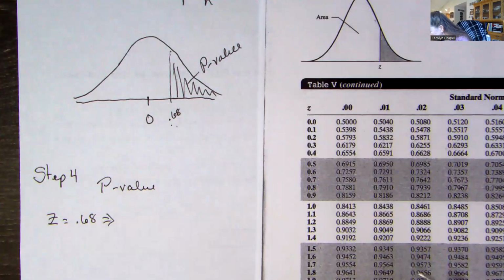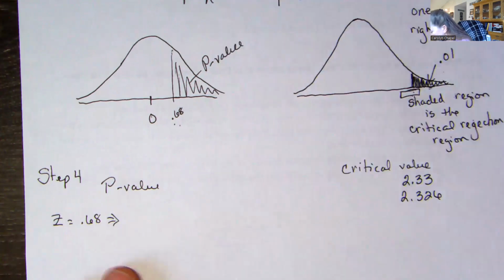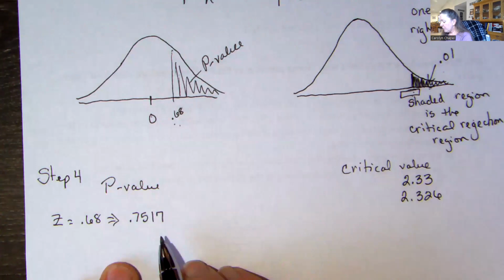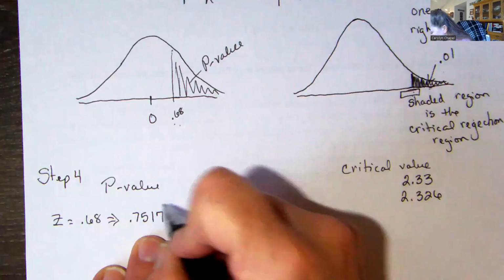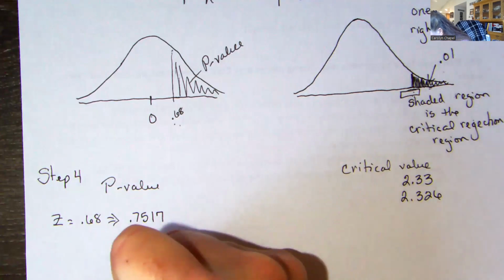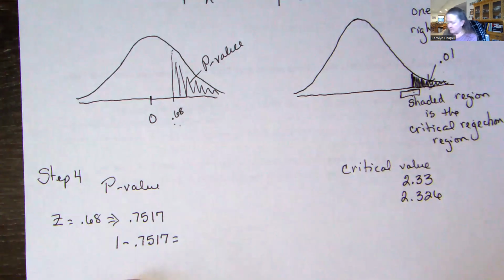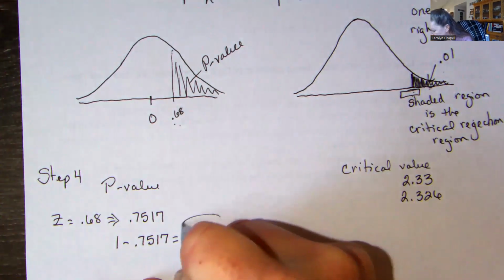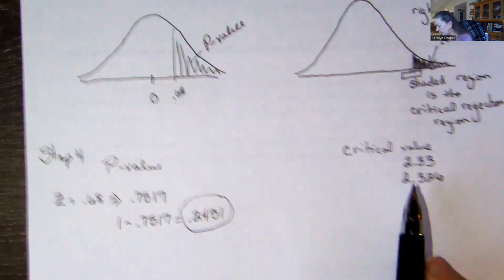So 0.68, and I get 0.7517. But remembering the table gives us from that point down, we have to actually subtract from the 1. So it's been a while since we've done this. So our p-value is this number right here. So there's our p-value. And here's our critical value.